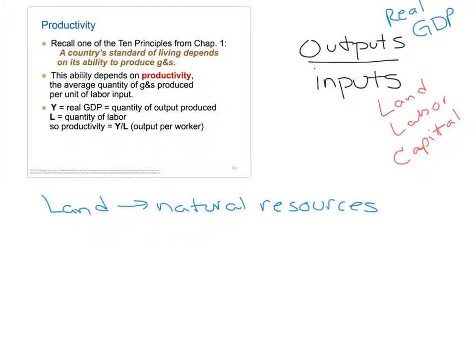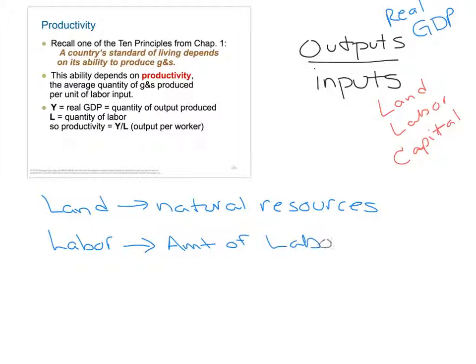And in thinking about the idea of labor, we can have a lot of people, but that doesn't necessarily mean that they are skilled or that they have a lot of potential to produce things. So what we do is we take labor and we divide it up into people. So the amount of labor, which we'll just simply call labor.